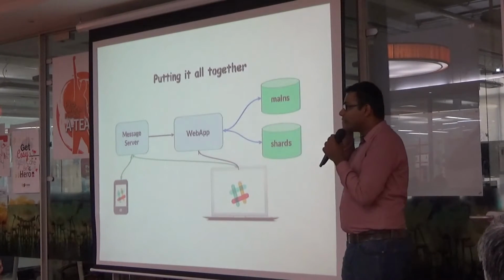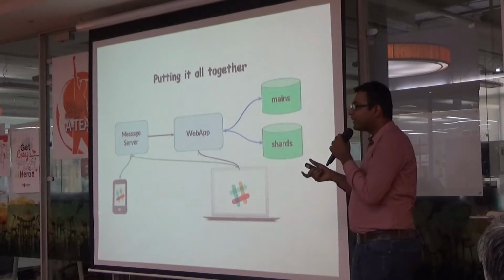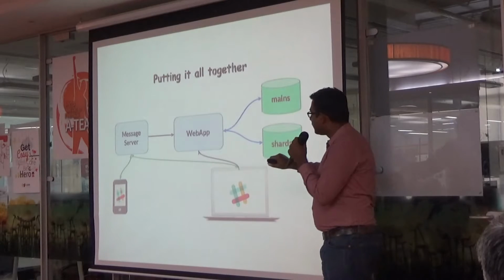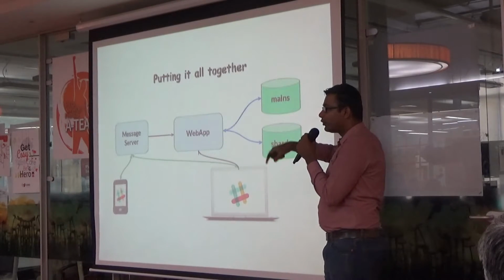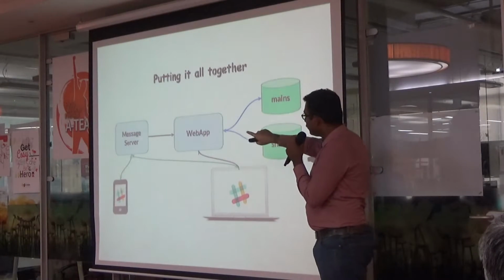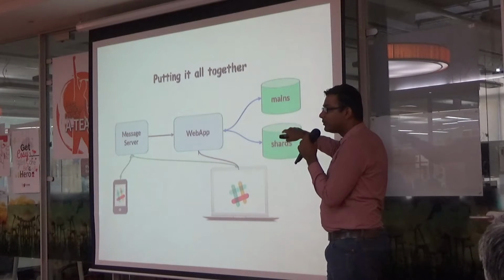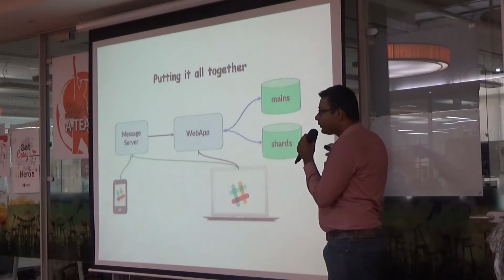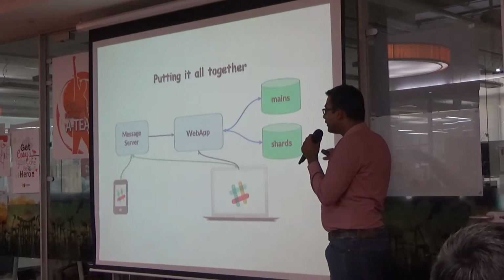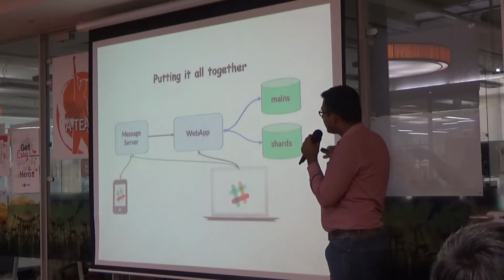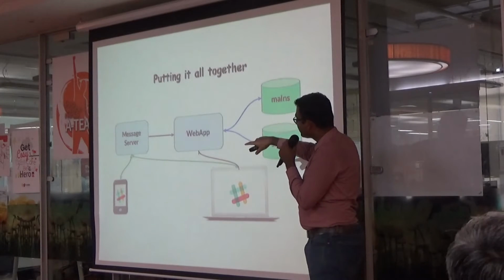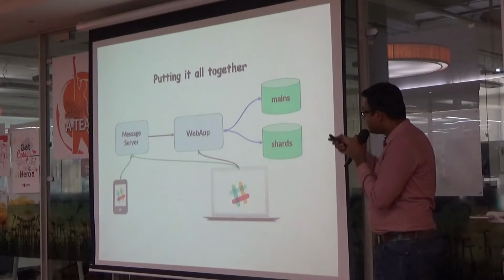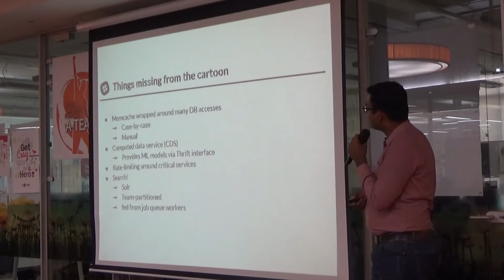Think of it this way: if you just do a link unfurling, you are checking that everything is working, that your message is able to broadcast, and that you are able to communicate to the web app that there is some task to be done. Then your job queue picks that task and services it, sends the response back to the message server, and that is again broadcast to all the clients.